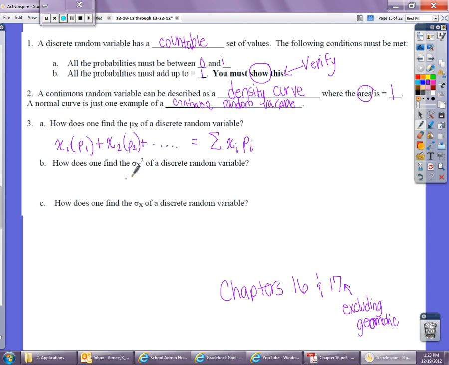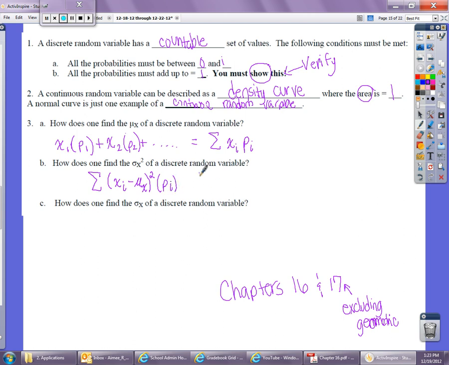Okay? Same thing for variance. Variance, you're going to do the same thing. You are going to see the sum notation, but instead of this formula, you will see the x value, sub i, minus the mean of x, squared, times its probability, or p sub i.